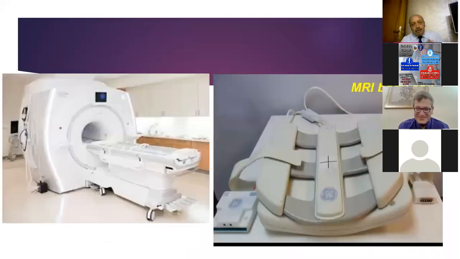We are now changing to another imaging modality. It's the MRI, the magnetic resonance imaging, which involves a magnet machine, a circle covering the patient, and a table which can pass the patient inside the tube.